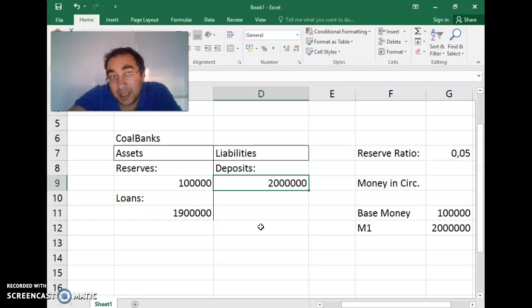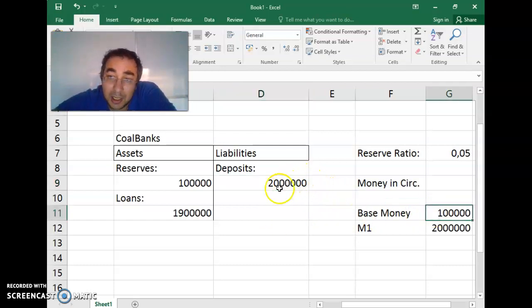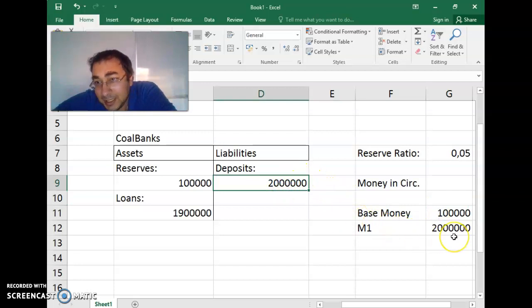The money multiplier increases. It was previously 1 over 0.1, now it's 1 over 0.05. Previously it was 10, now it has become 20. So for the same base money, $100,000, our money supply is twice as high, $2 million.